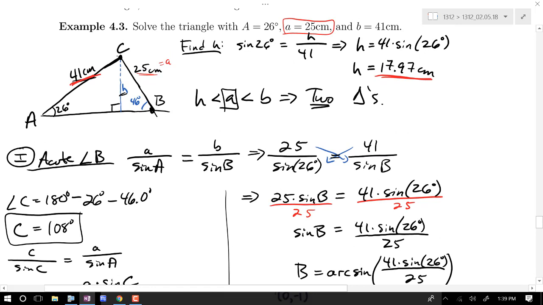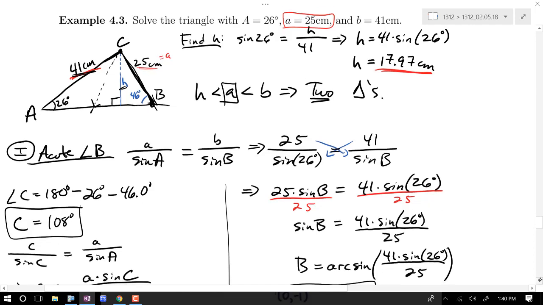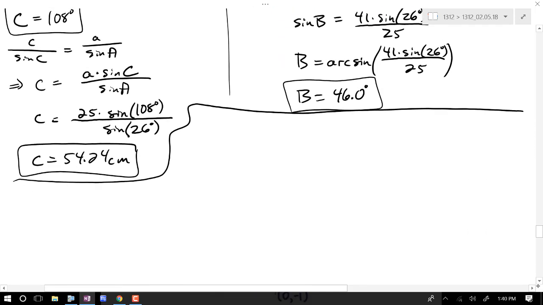Here's how I drew this side angling out in that direction to get to point B, but we could easily have drawn that side to bow out this way, kind of inward. And so that's the other triangle that we're going to solve, the one that looks like that.